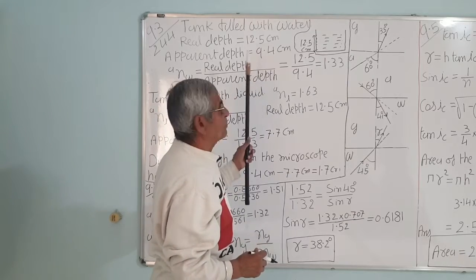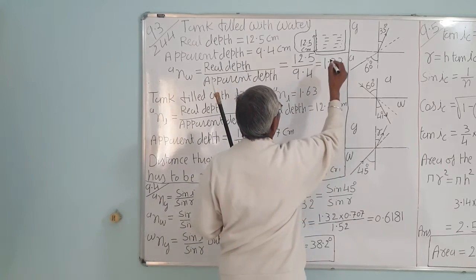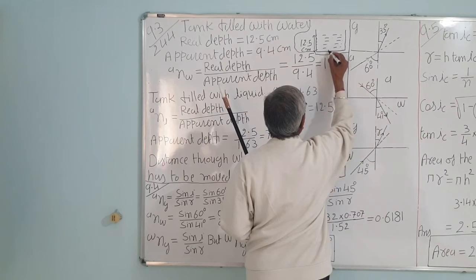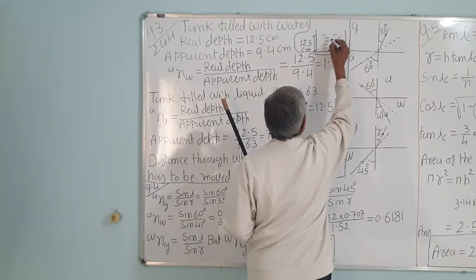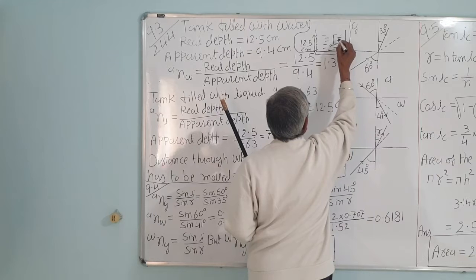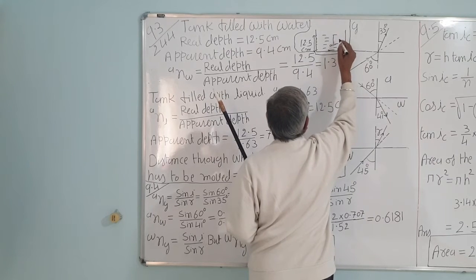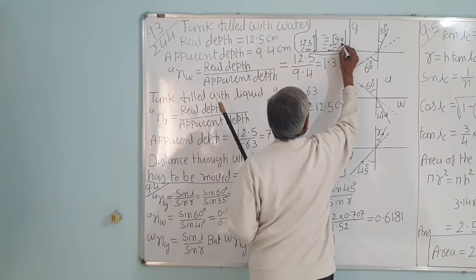Apparent depth is 9.4. When a needle is placed at the bottom, it appears to be here. This distance is 9.4 cm.